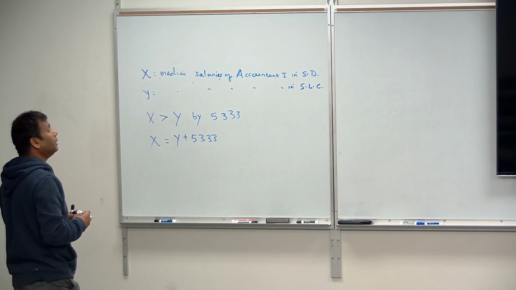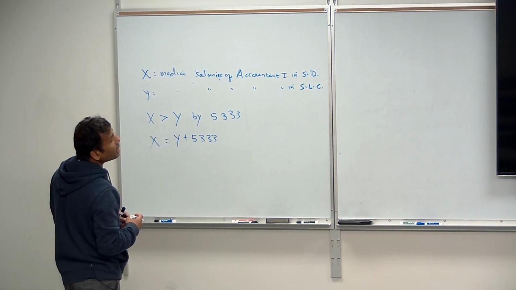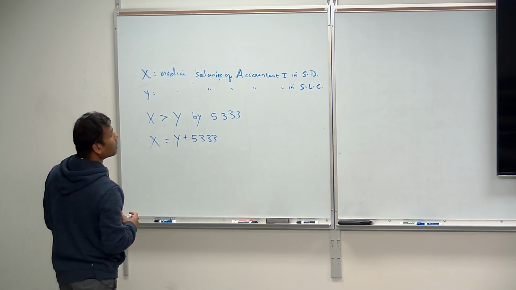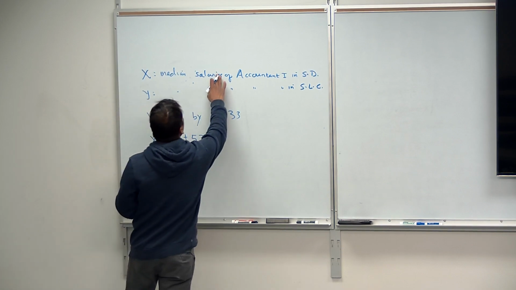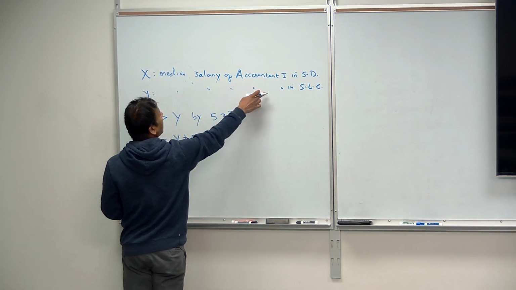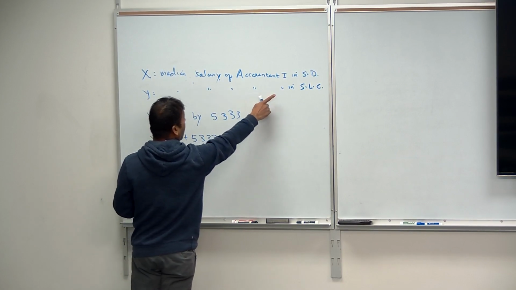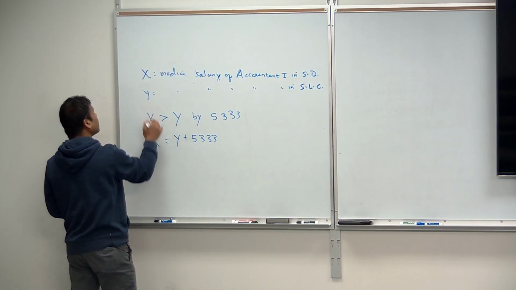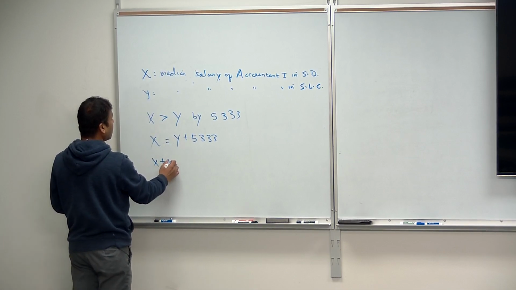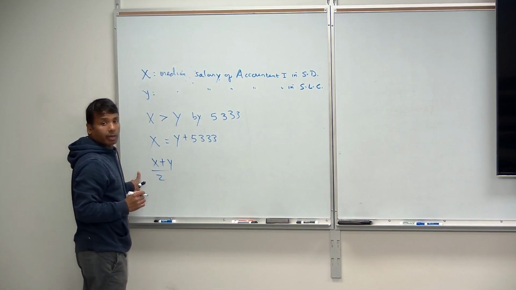And then the average of the median salaries: the median salary of accountant I in San Diego is this, and the median salary of accountant I in Salt Lake City is this. You know the average means you add them up and divide by 2, right?